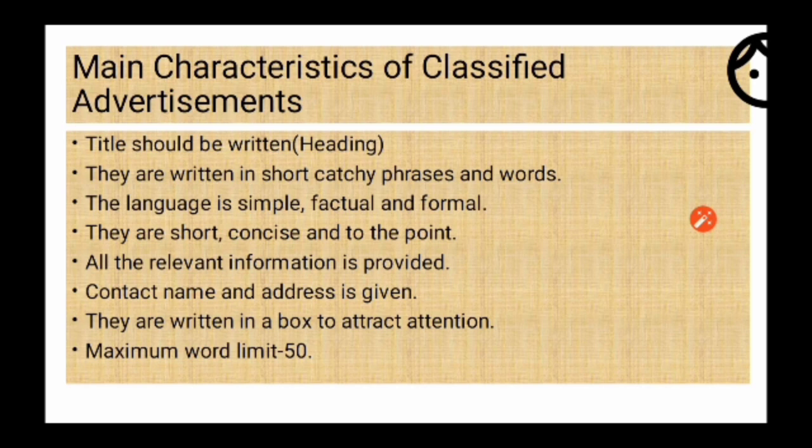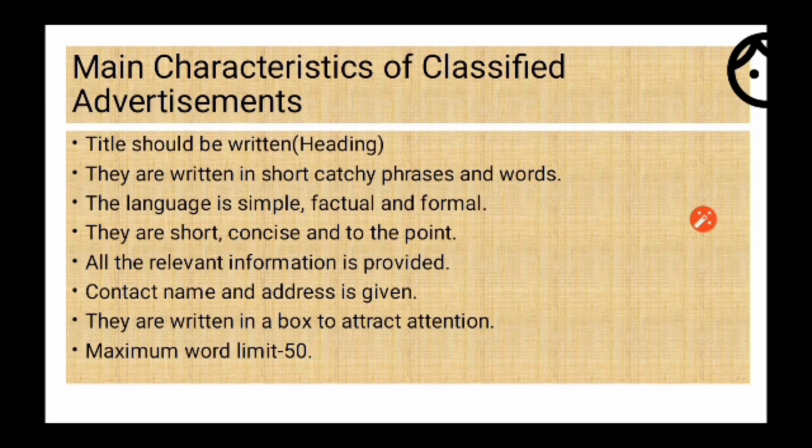All the relevant information is provided. Even though we have to minimize, we have to be concise, we have to shorten it, all the relevant information has to be provided, then only our purpose will be fulfilled. So when you give an advertisement, all your relevant information is to be provided, then only the public will understand what you are advertising, what the purpose is and what they have to do.